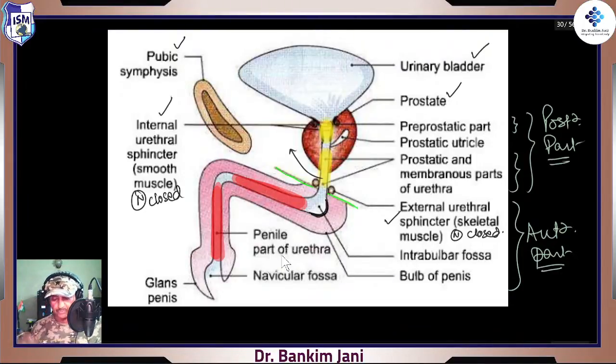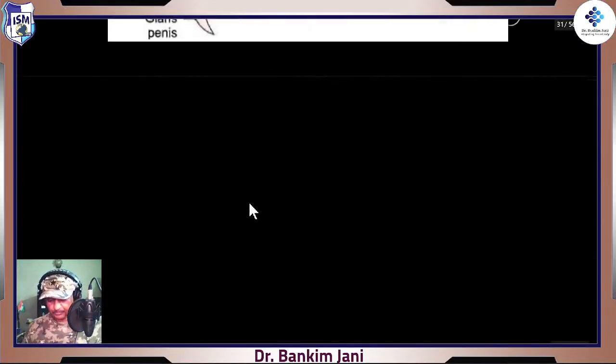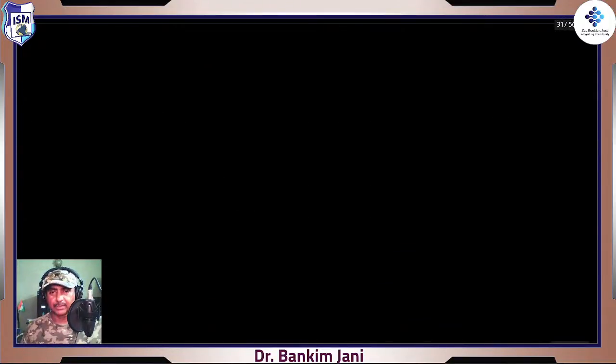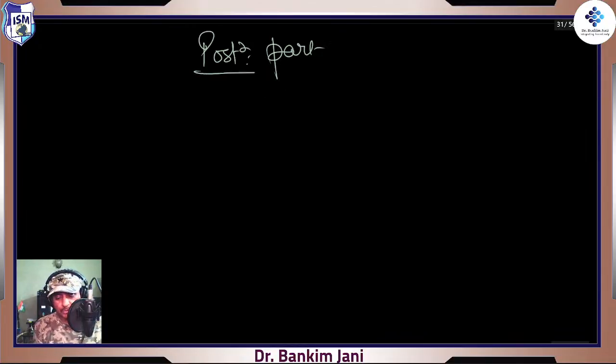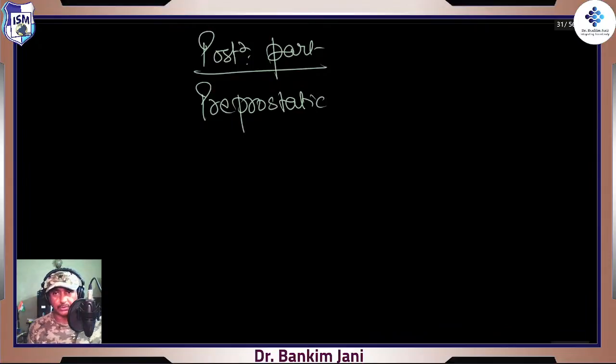So it's the posterior part and the anterior part. From this point onwards, everything is like mathematics. So posterior part, pre-prostatic: it was smaller, just 1 to 1.5 centimeters, because the entire posterior part is about 4 centimeters.